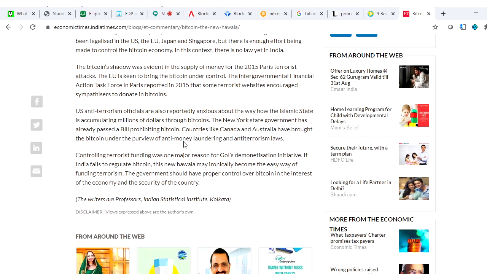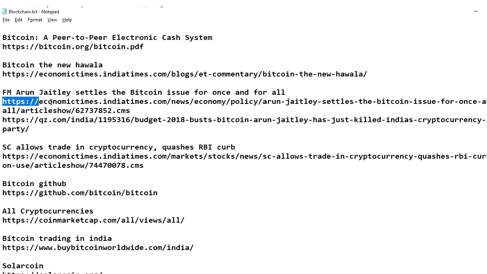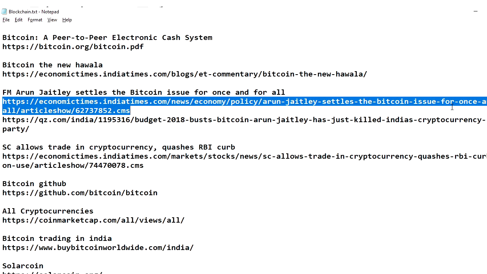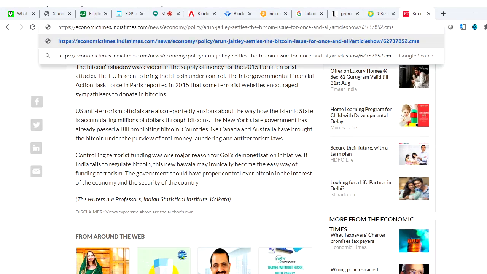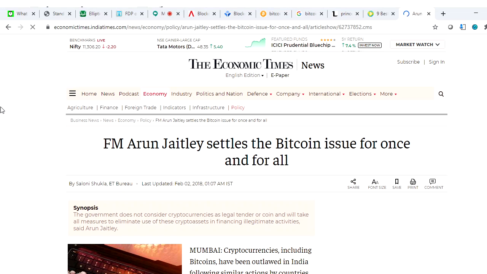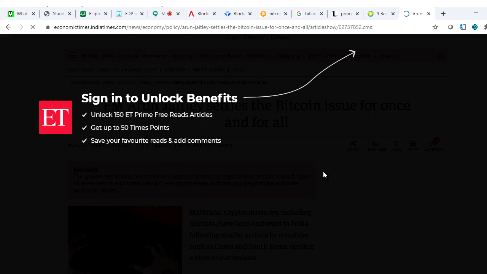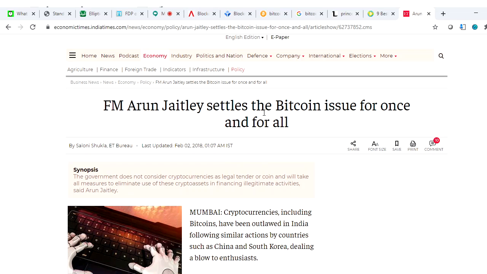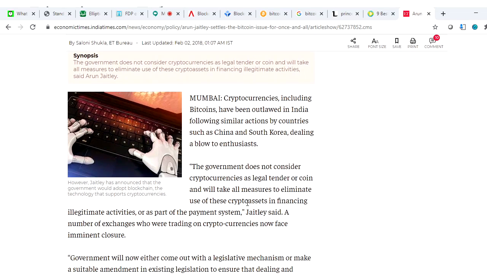After that, the government formed some expert groups. This happened in 2017, and in the 2018 budget session, then Finance Minister Sri Arun Jaitley settled the Bitcoin issue once and for all. The government considered that Bitcoin is not a legal tender in India.